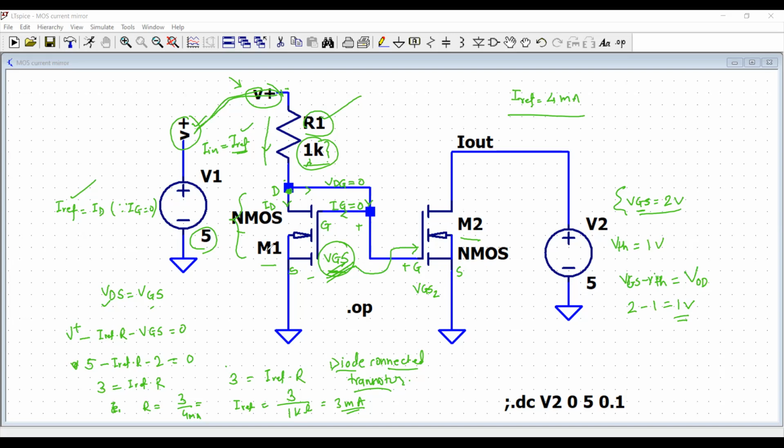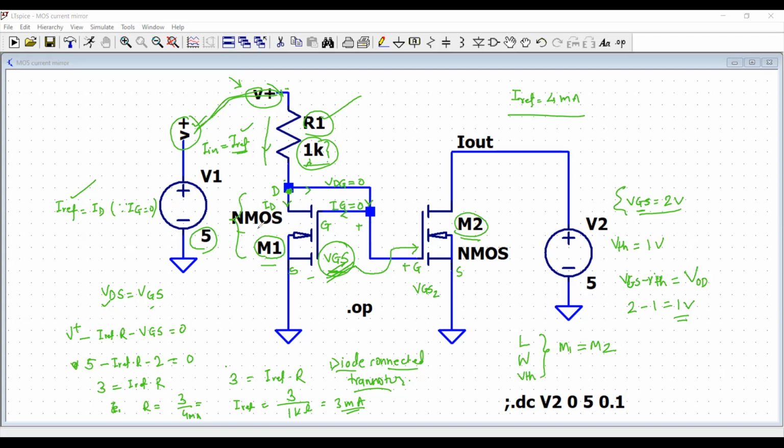And we make sure that M1 and M2 are identical in properties and in size, so that the lengths of the MOSFETs are the same, the widths of the MOSFETs are the same, and the threshold voltages are also the same. If they are all the same, then we would say that M1 is equal to M2.